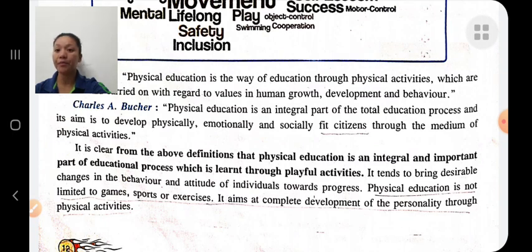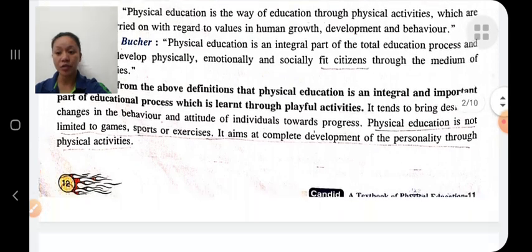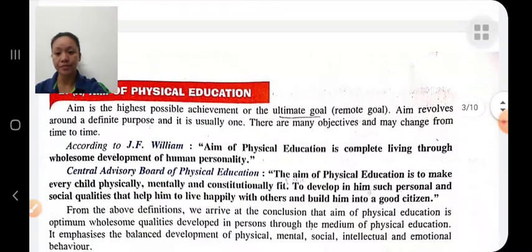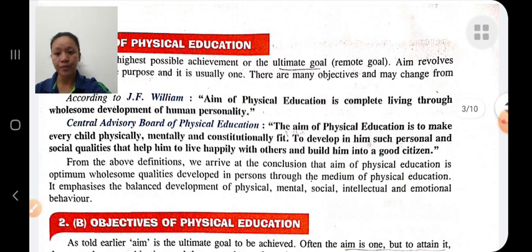Its aim is the complete development of the personality of a human being through physical activity. The aim is wholesome, that is, complete development of an individual: physically, mentally, socially, emotionally, etc.